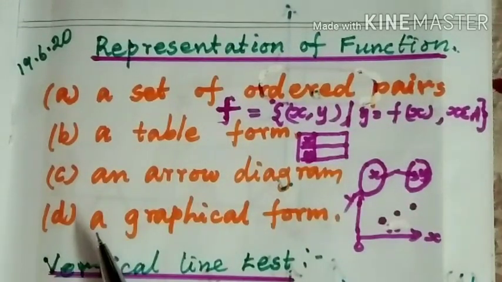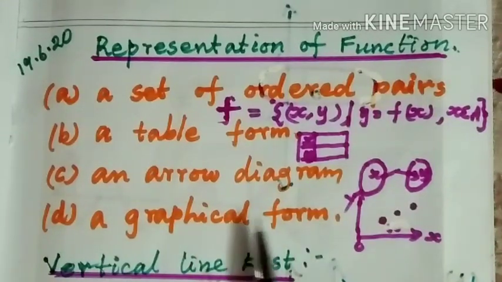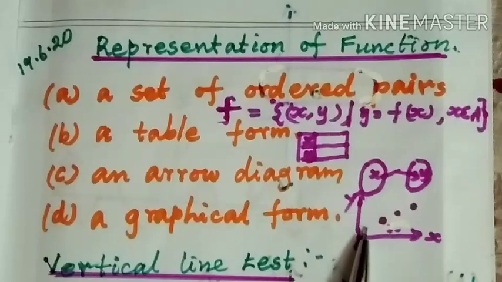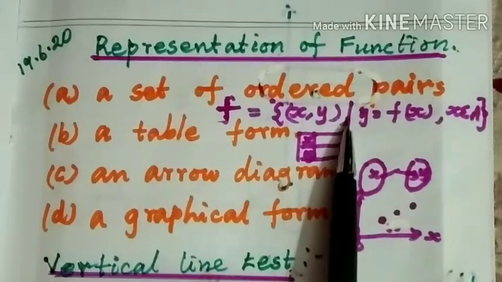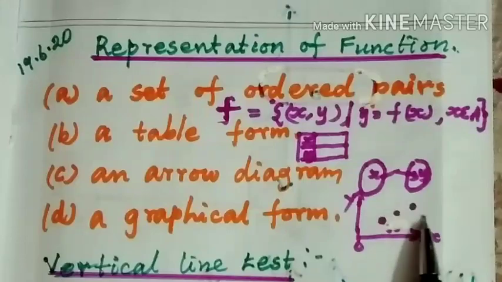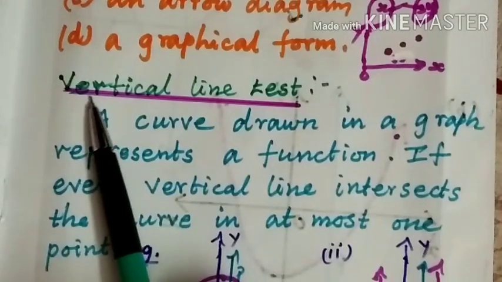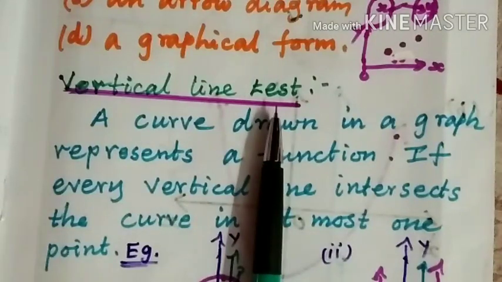The last way, a graphical form. It is nothing but the graph of f, which is the set of all such coordinates (x, y). Now we move on to the next heading, vertical line test.